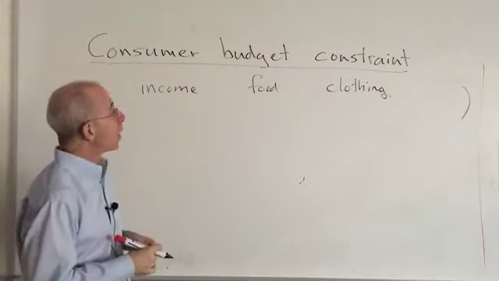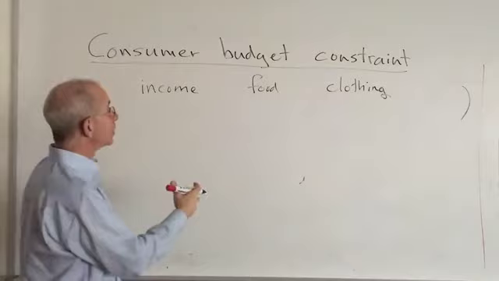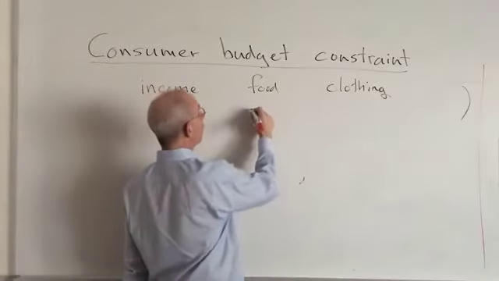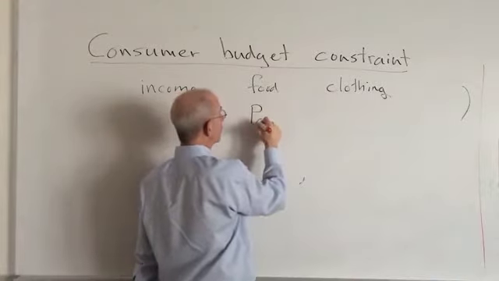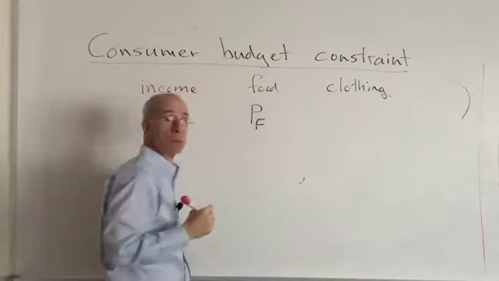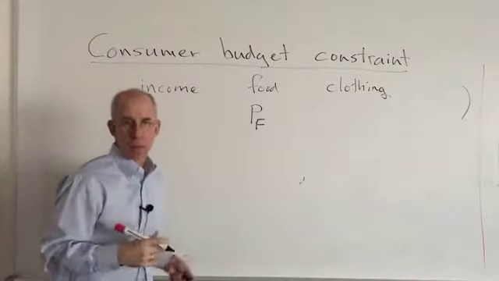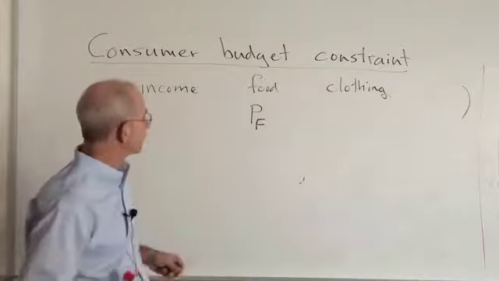Now, when we depict this formally, we're going to use a couple of things here. One, we're going to talk about the price of food. Okay, and let's just say that you only have one type of food that you have to buy. Let's simplify things.